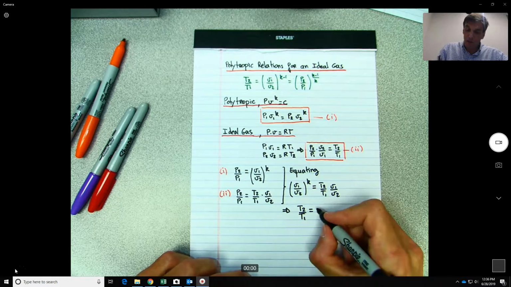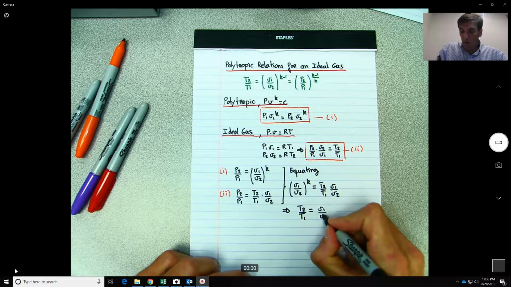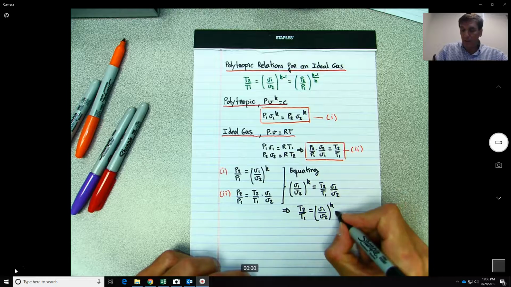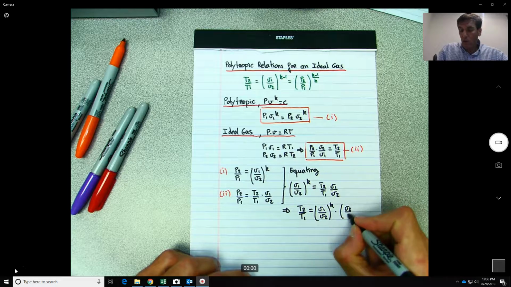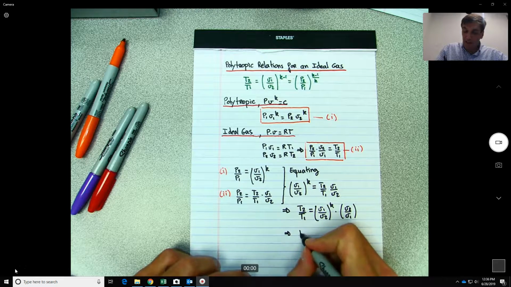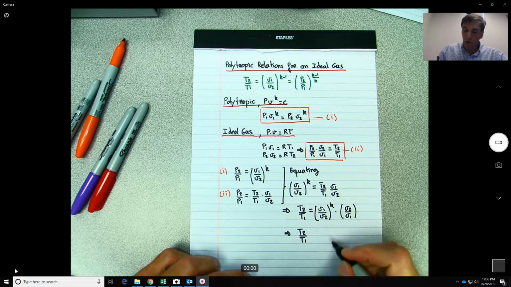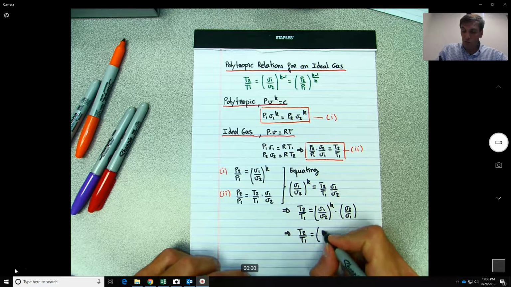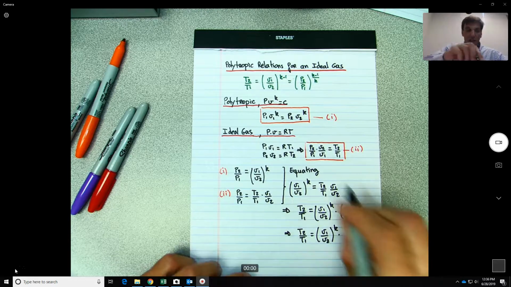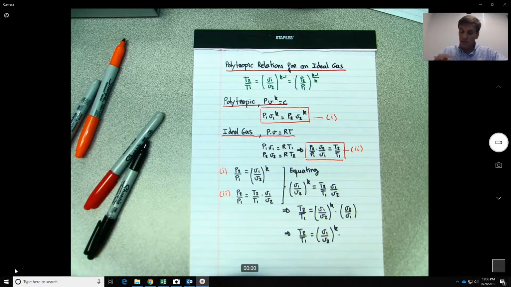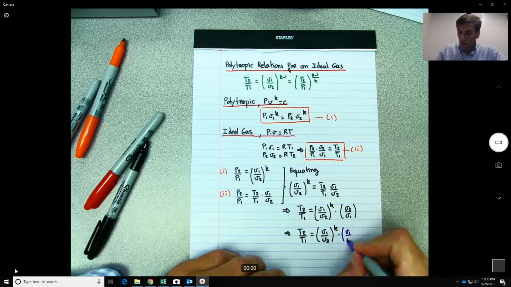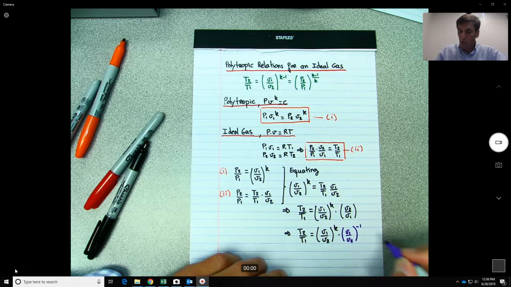So T2 over T1 will be equal to V1 over V2 to the K. And now when we move this one, we get V2 over V1. But we can rewrite this as T2 over T1 equals V1 over V2 to the K times V1 over V2 to the minus 1.